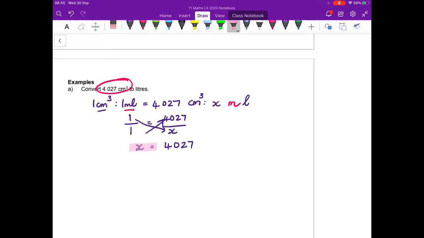Remember, we always go back to what X equals. So X equals milliliters. And this would then be milliliters, but your question asked for liters.